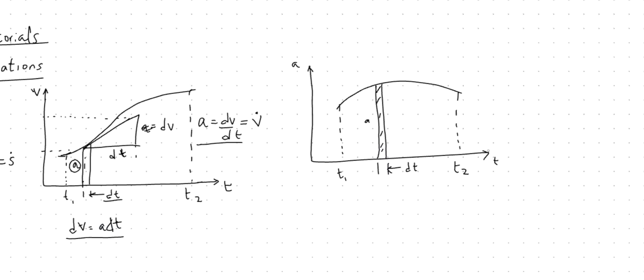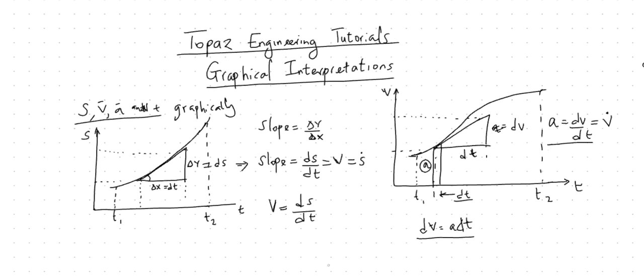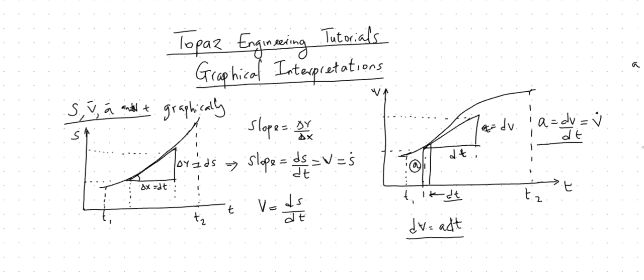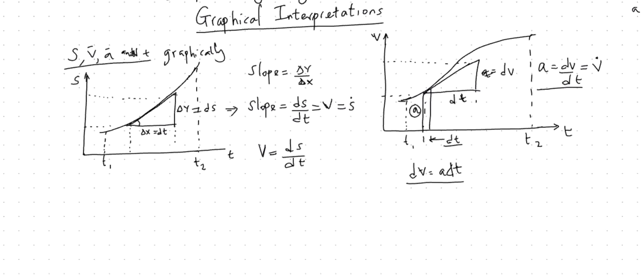Now, there's something again I want you to pay attention to. Let me go back to the first graphical diagram, the first diagram for the s-t curve, and look at this equation here. If I cross multiply, I'm going to have ds equals v dt.